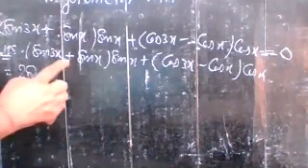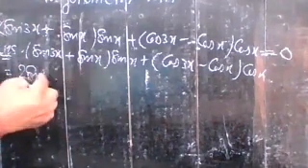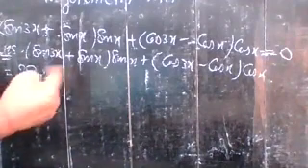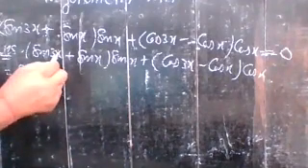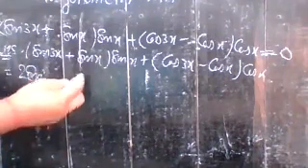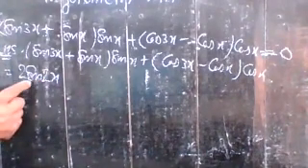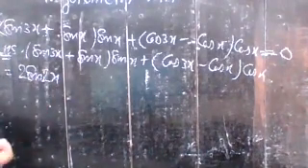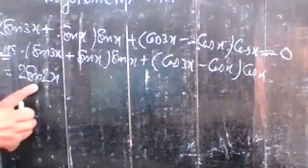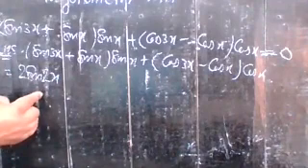If you apply the formula for sin x plus sin y, that is 2 sin (x plus y) by 2. If you add 3x plus x, which is 4x, and 4x by 2 is 2x, so you can write 2 sin 2x directly. I think there is no issue in writing this step.